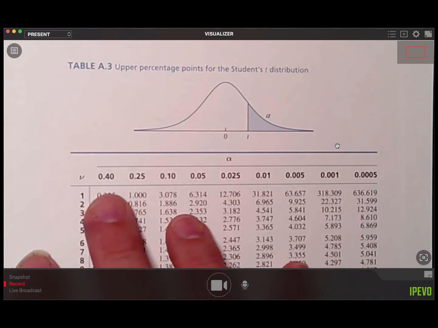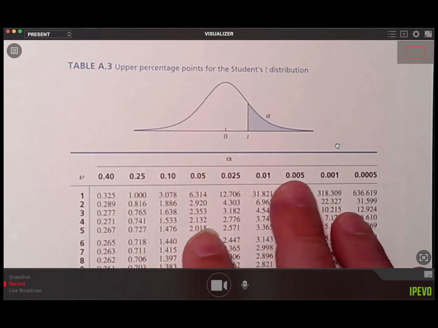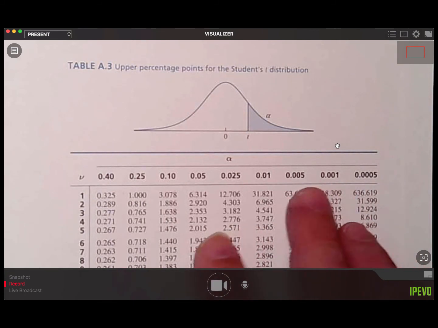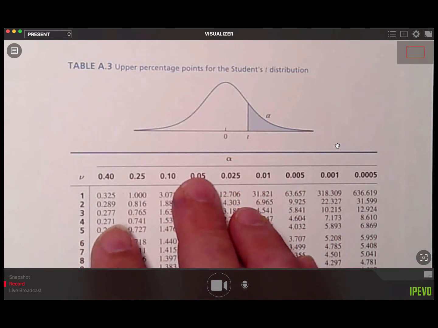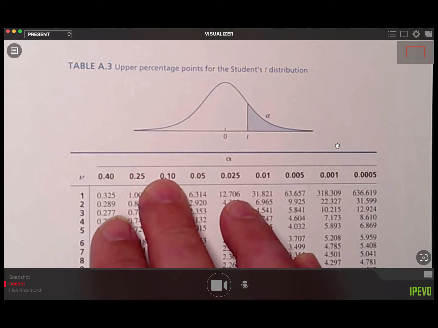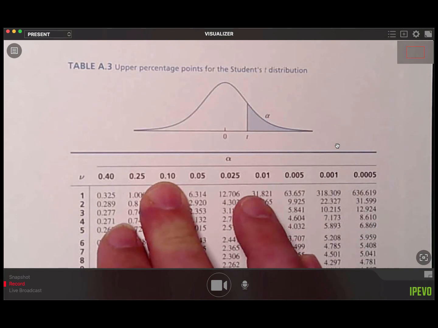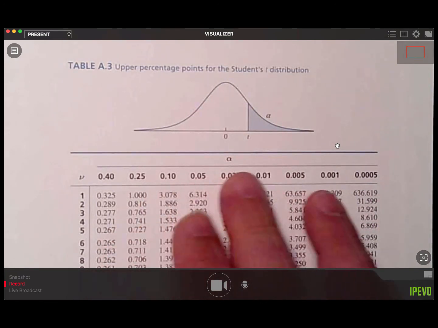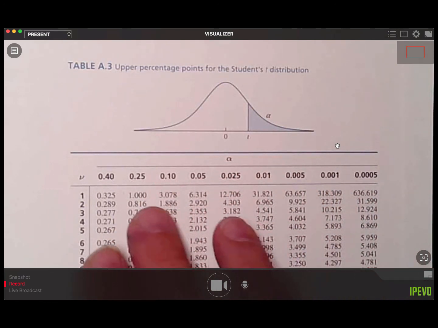And you see there's a few choices for the alpha value, but these are some of the more popular choices. So like an alpha value of 0.05, that would go along with a 90% confidence interval. Alpha value of 0.10, that would go along with an 80% confidence interval. So you get the idea.